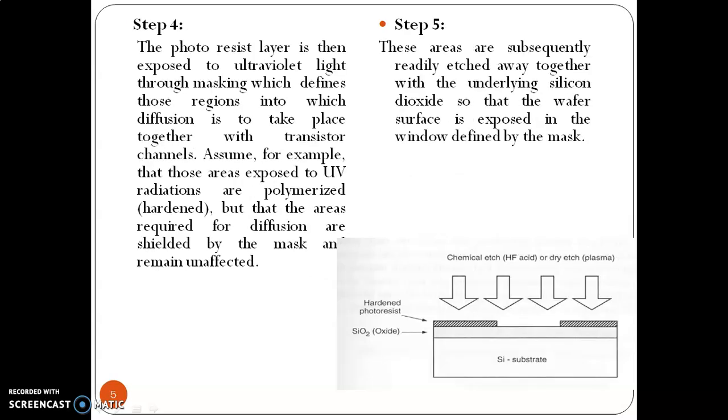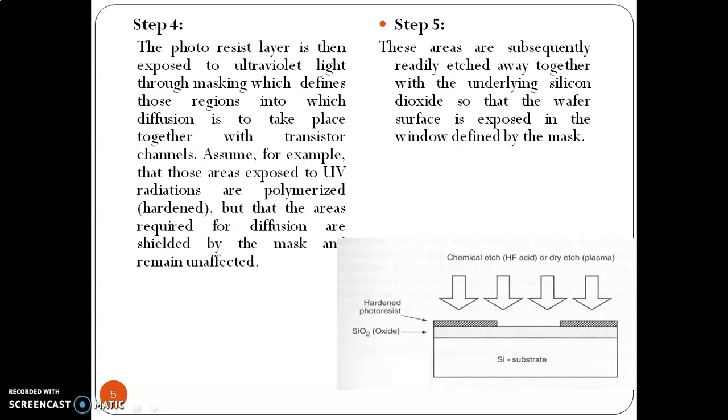Then, on this photoresist material, using a suitable mask, the area where you are going to grow a transistor is protected from the UV rays.